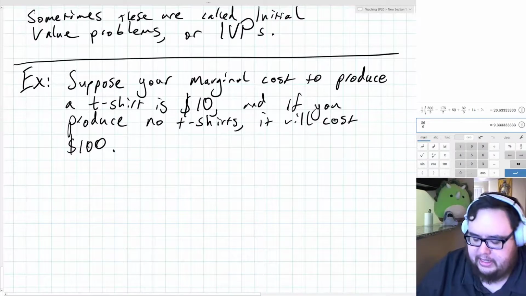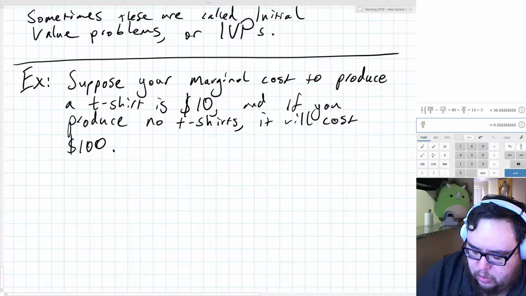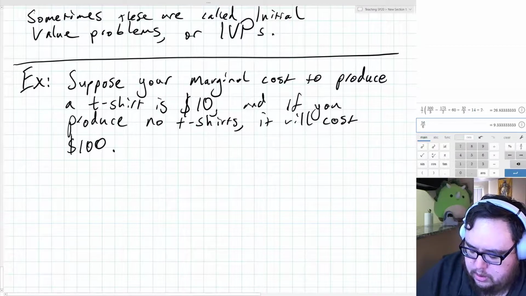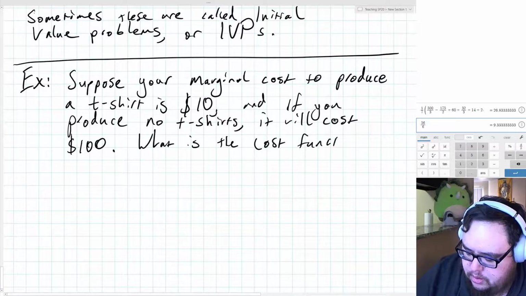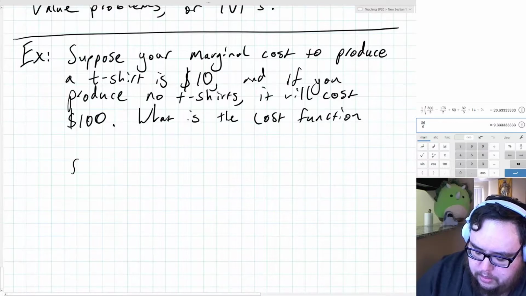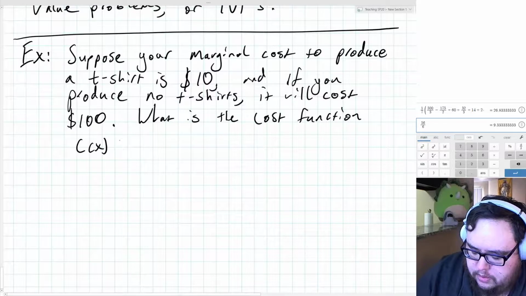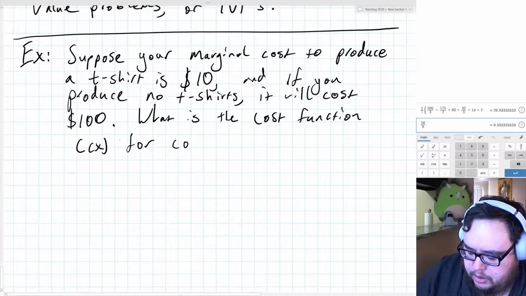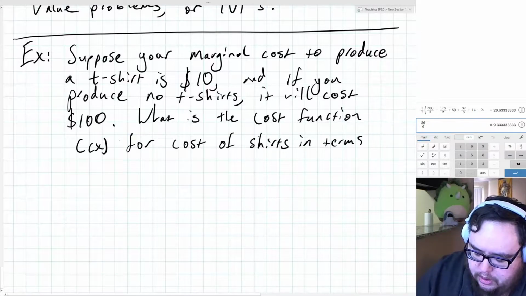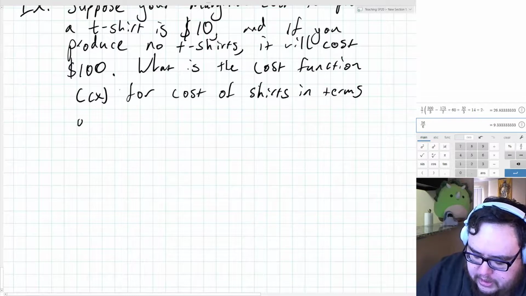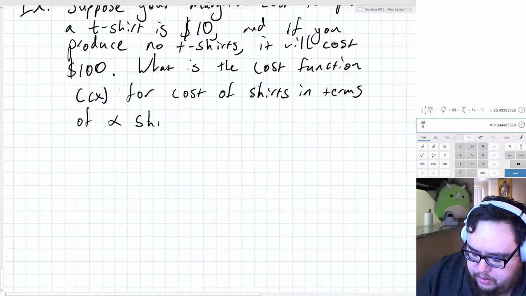Right? What is the cost function C of x for the cost of shirts in terms of x shirts produced?